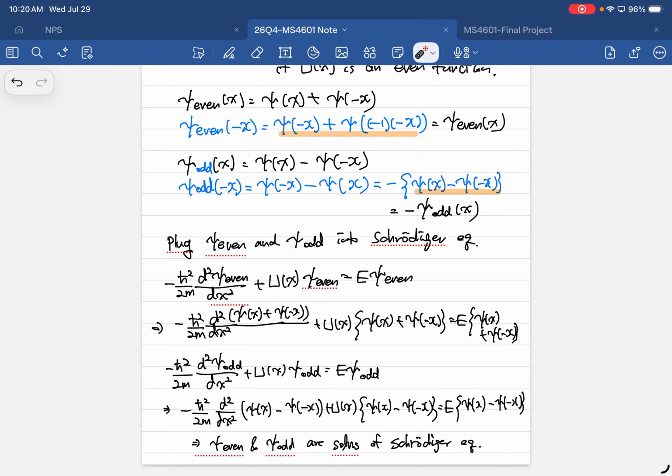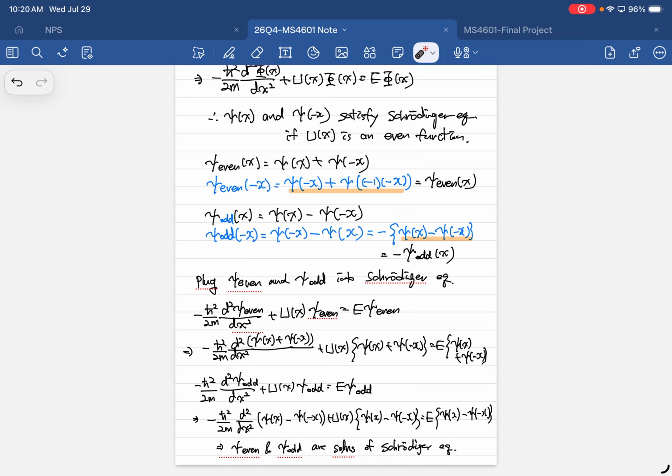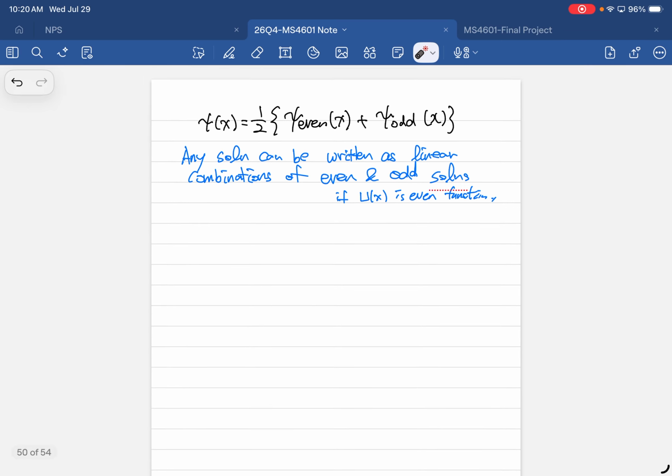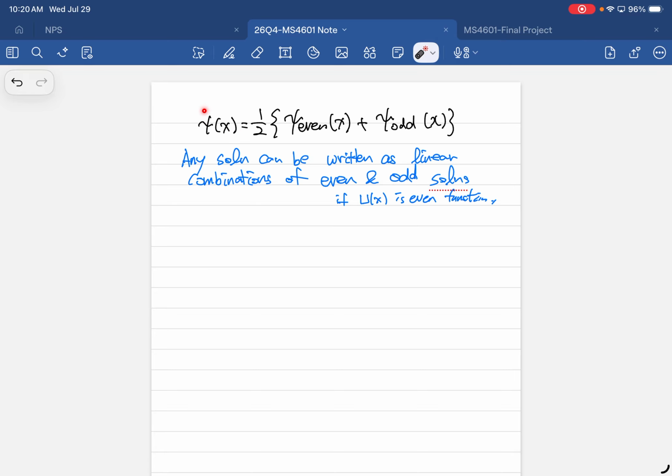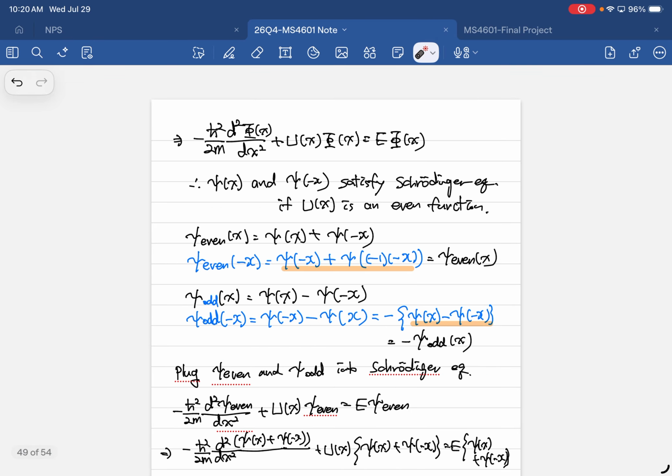So with this argument, what we are going to come up with is psi of x by looking at this one. We have the even function expression like this and the odd function expression like that, and from here we can extract psi of x, right? How do we do that?